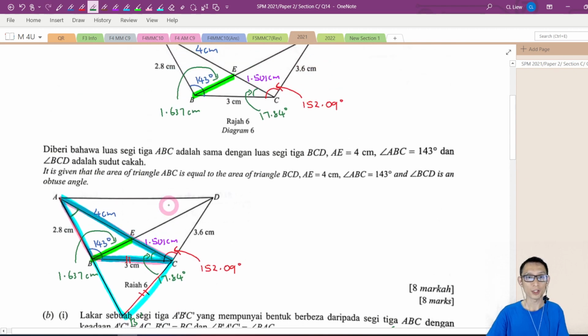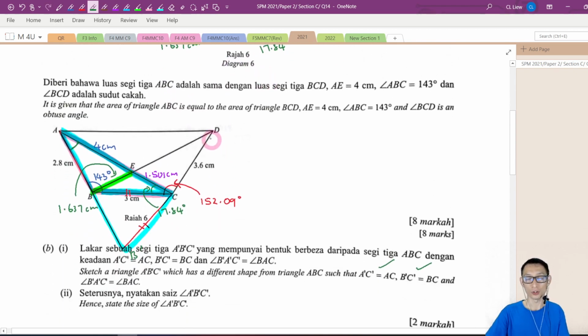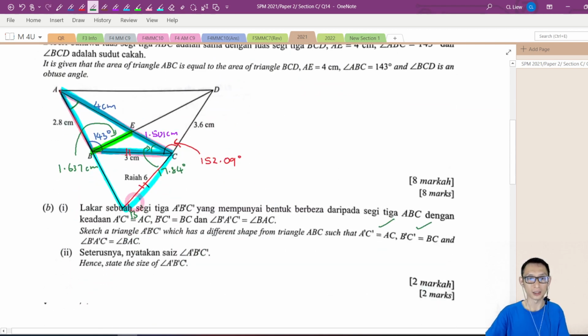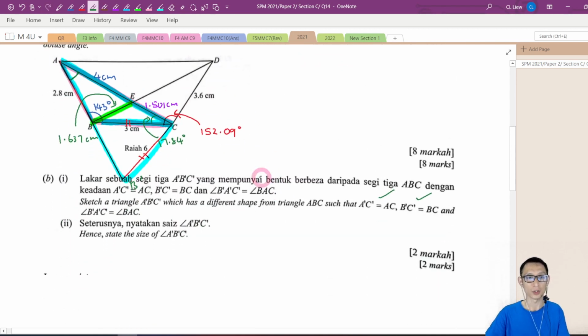Okay, for this question, you need to redraw the triangle. You cannot just draw on here. You need to draw this triangle for this part. Okay, state the size of the angle A prime, B prime, C prime, which is over here. This is B prime. So how do we get the angle here?